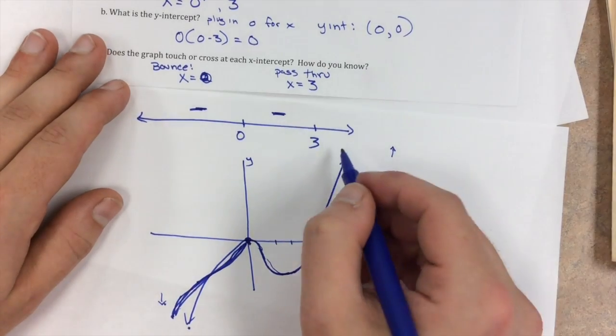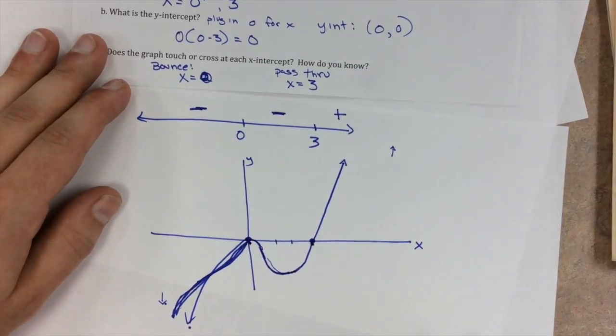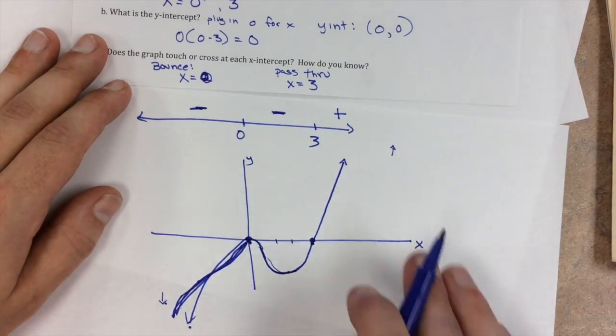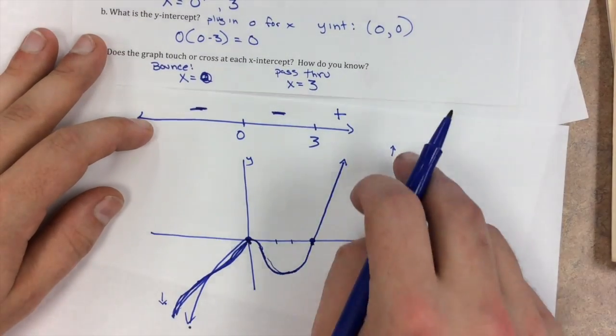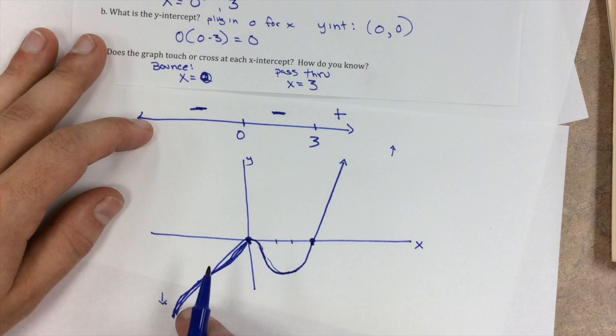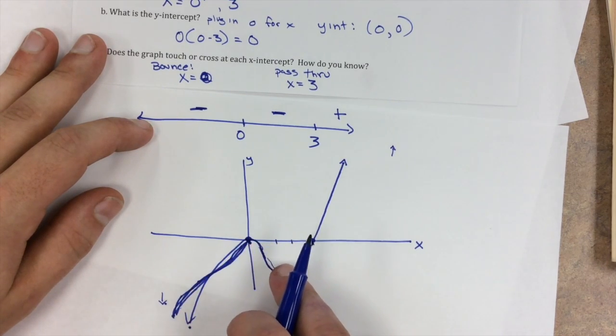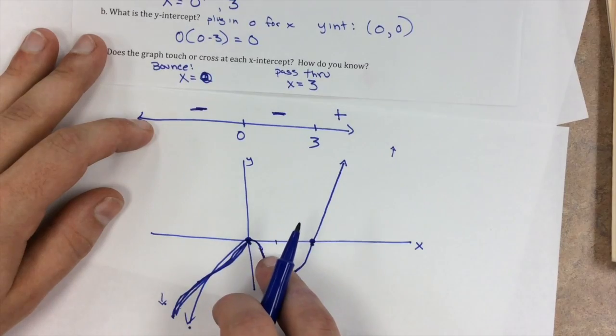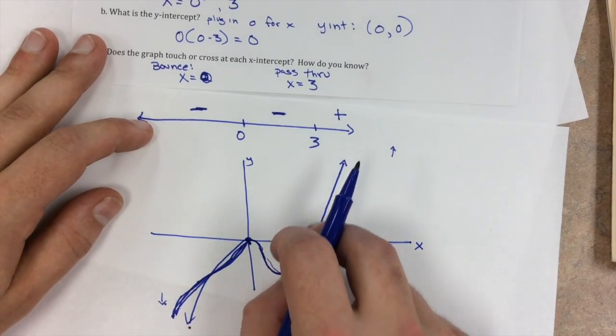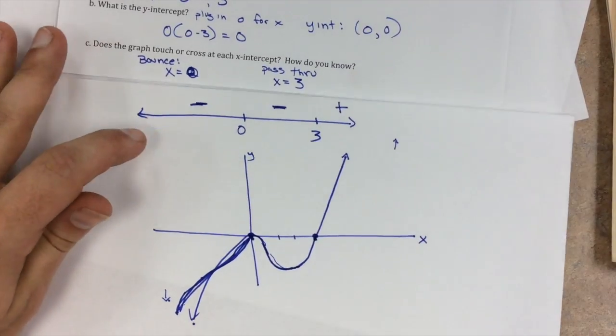Once I pass 3, my values will be positive. So there's my sign chart, and there's my graph. The sign chart tells me all the y values between my x-intercepts. So negative to 0, still negative till 3, positive after 3.